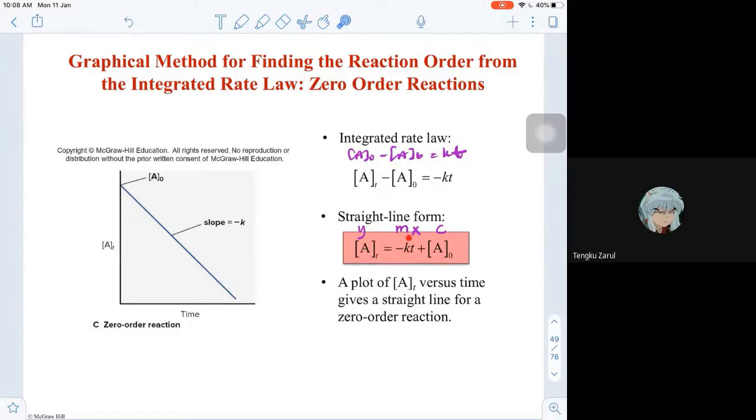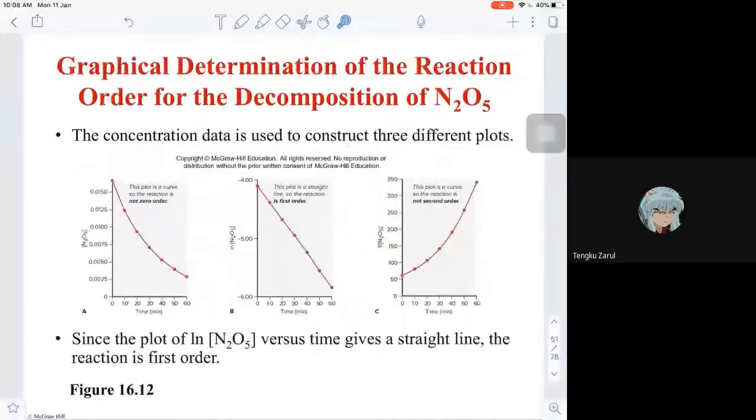So the graph of the concentration versus time of the zero order reaction will be linear. As for this decomposition of the N2O5, when we plot a graph of concentration versus time, it is a curved graph, so it is not a zero order reaction.